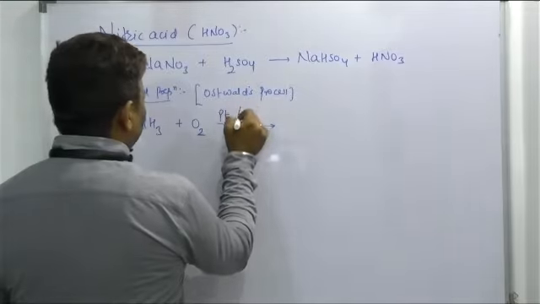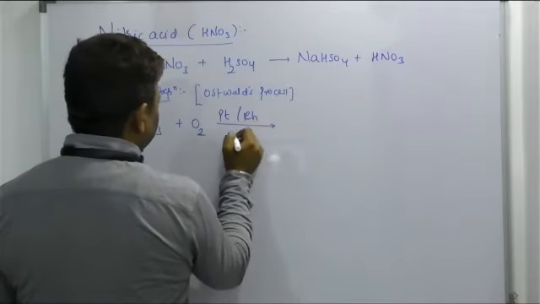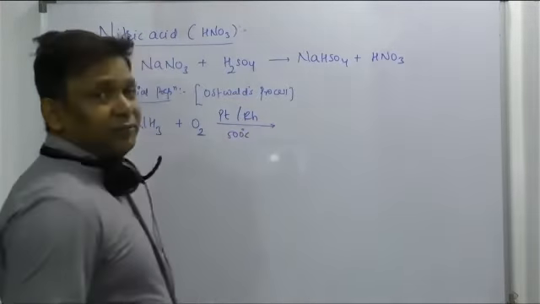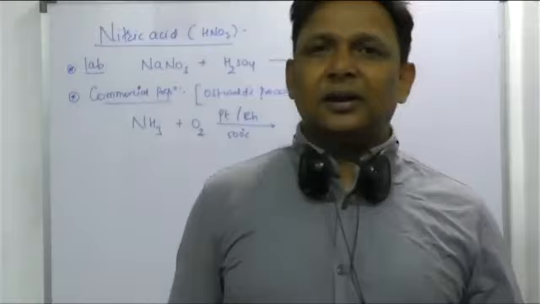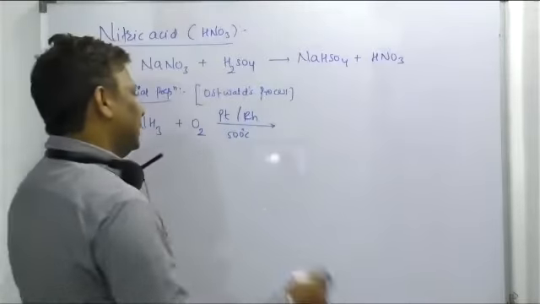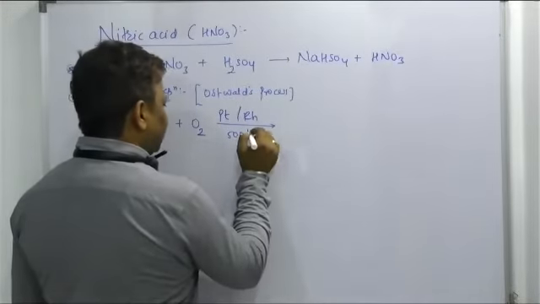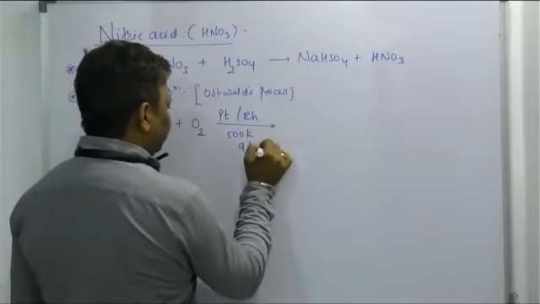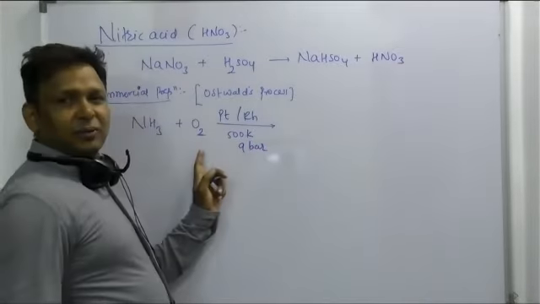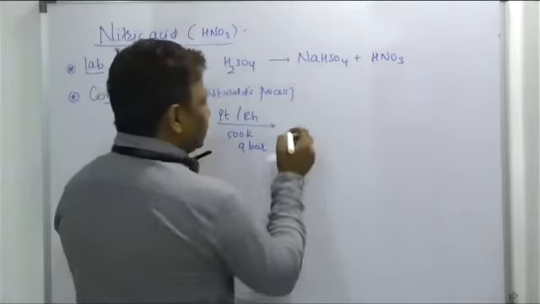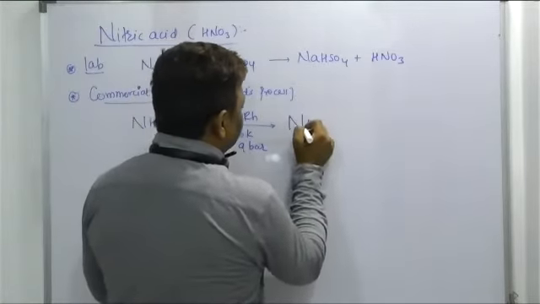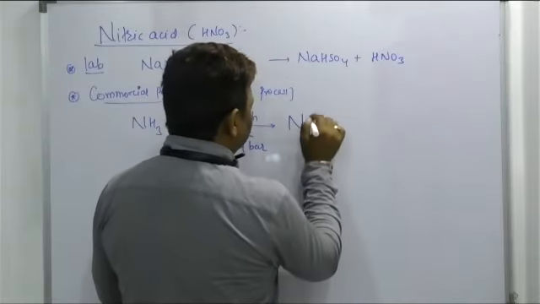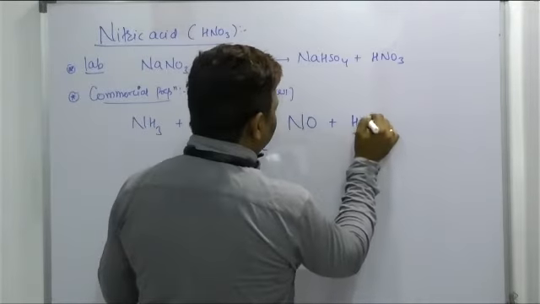Pt or Rh as a catalyst at a temperature of 500 Kelvin and 9 bar of pressure. Oxidation of ammonia will give rise to NO, oxide of nitrogen, by the liberation of vapors of water. If you want, you can balance it, beta.